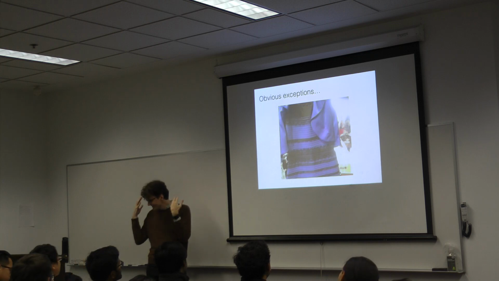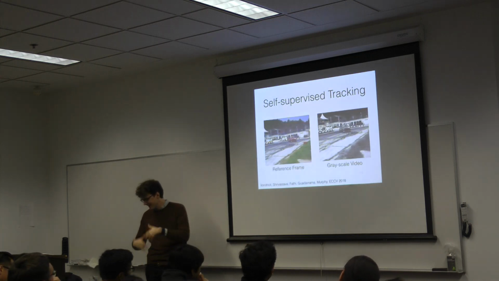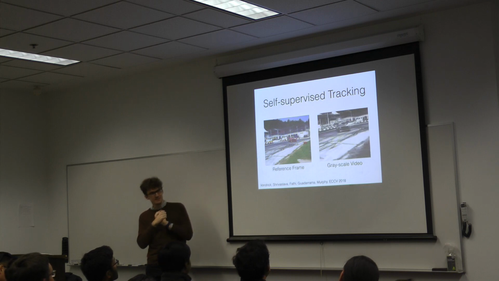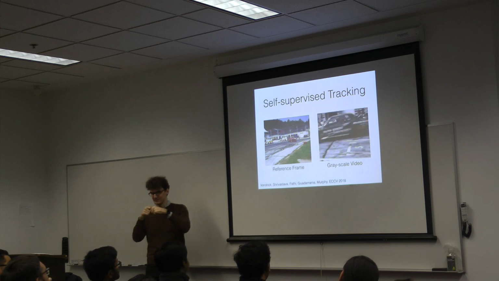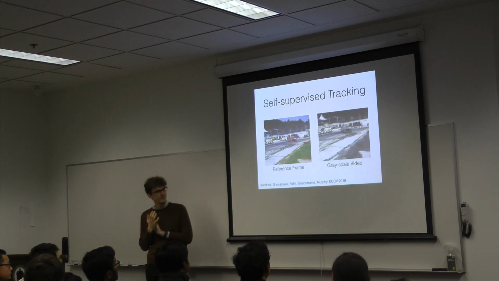But in general, with these exceptions in mind, if you just take random videos from the web, generally the color is going to be temporally coherent and stable. It's probably not going to change over time.